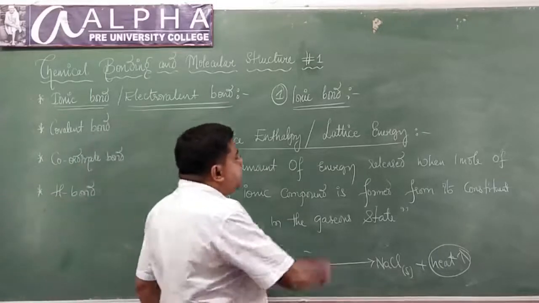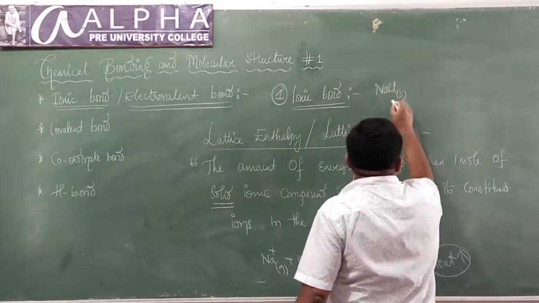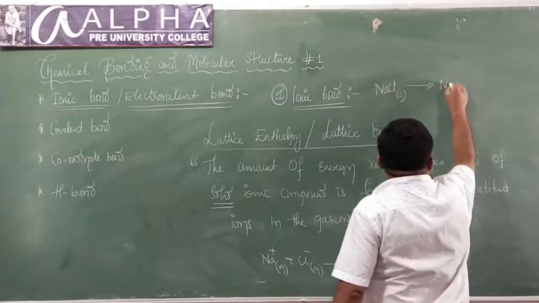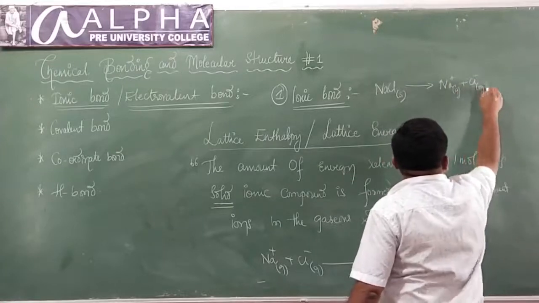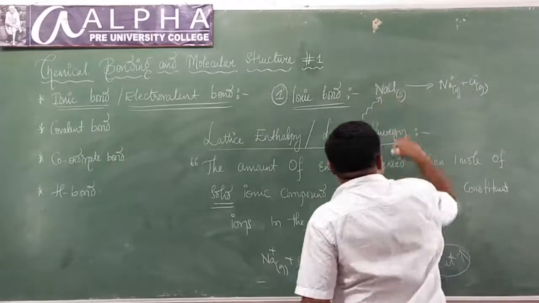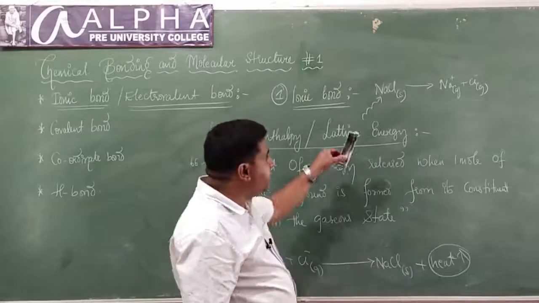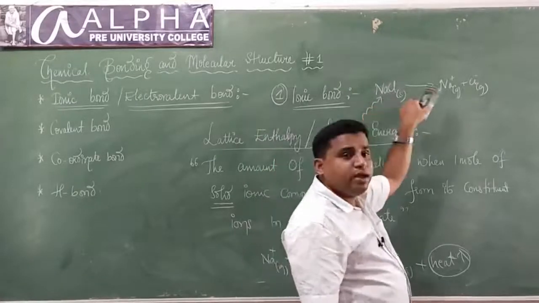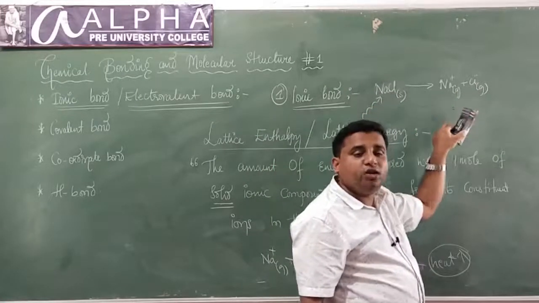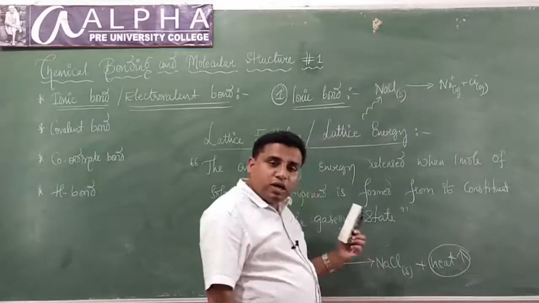If I want to break solid sodium chloride into sodium ions and chloride ions in the gaseous state, the amount of energy that has to be supplied is also called lattice enthalpy. Both are lattice enthalpy.